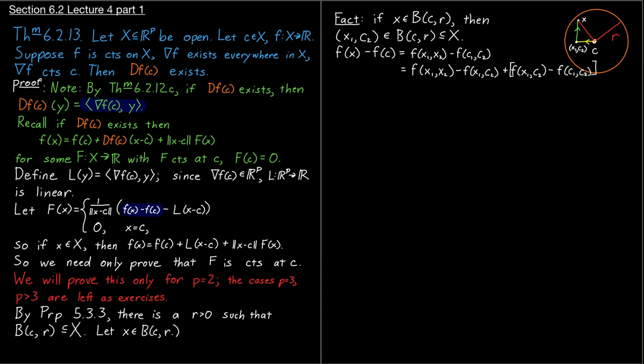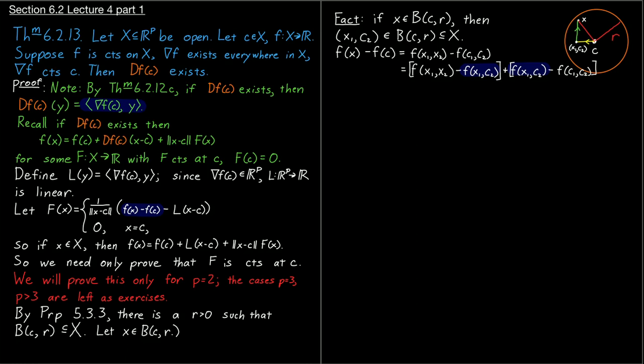And we're grouping that like this. These two terms, the f of x1, c2, of course, cancel out. And notice that f of x1, c2 is indeed well defined because the point x1, c2 is in the ball of radius r centered at C, so it's in X, so f is defined.